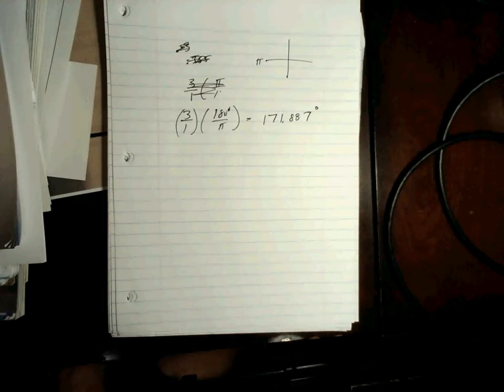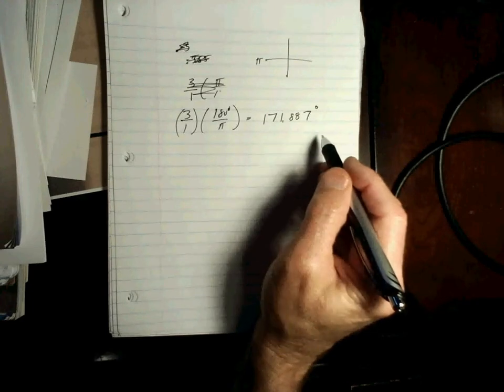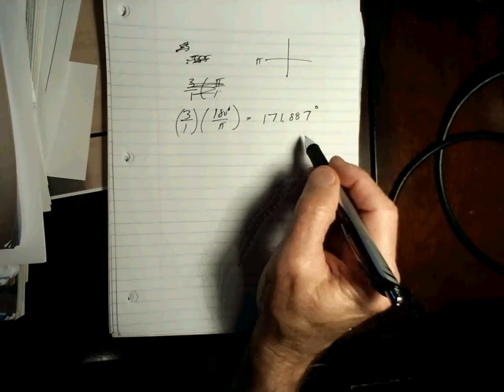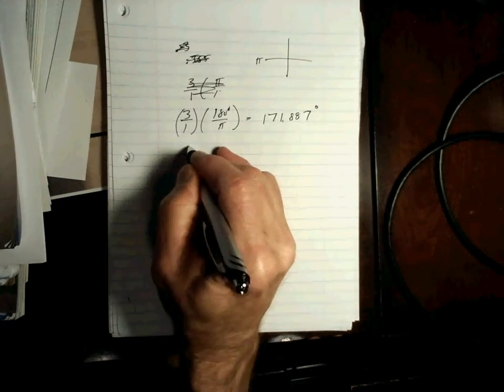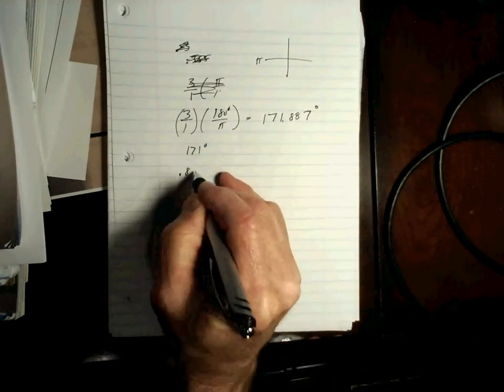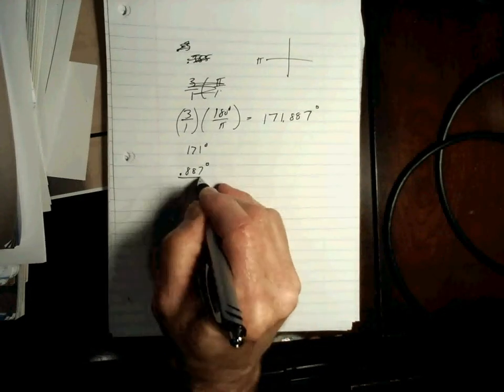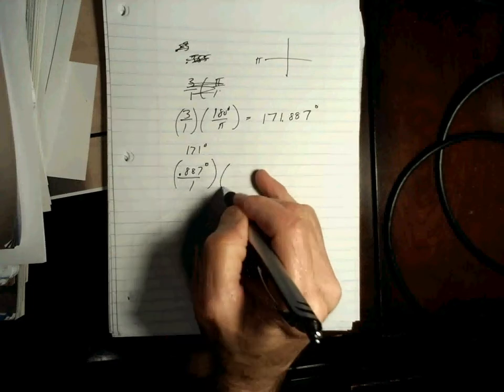And so at that point, I know I've got to convert this again to degrees, minutes, and seconds. So when I do this, I know I've got an answer of 171, and now I've got 0.887 of a degree, and I need to convert that to minutes.